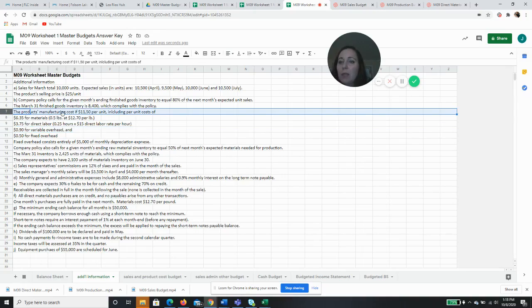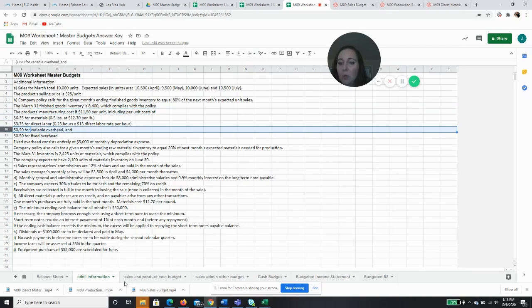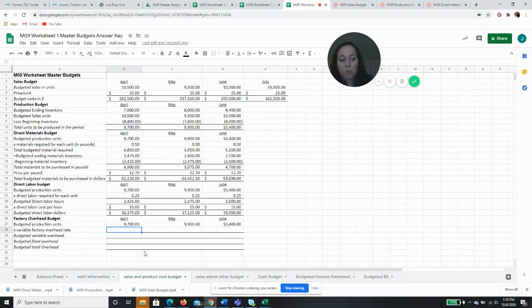It says the product's manufacturing cost is $11.50, including per unit costs of, and then it lists them, and right here, 90 cents per unit for variable overhead. So 0.9 for each month. To determine how much variable overhead we're going to use in April, we're just going to multiply our production units times our variable cost per unit of 90 cents.